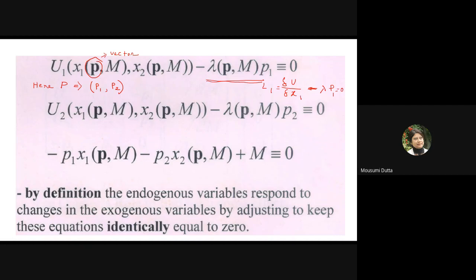The way I have written the third equation, so that it matches with the earlier two, because our objective will be to apply Cramer's rule here and find out the income effect, price effect, all these things. Okay, so I'm following a pattern: the x1, x2 component I'm keeping first, and then I'm keeping the rest of the terms.